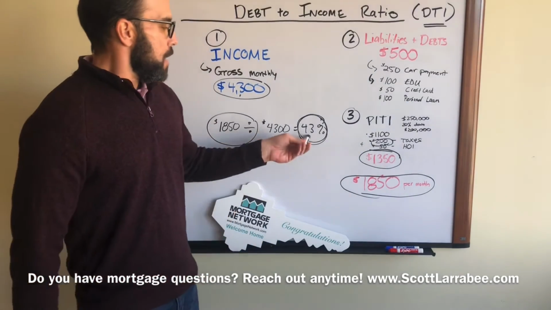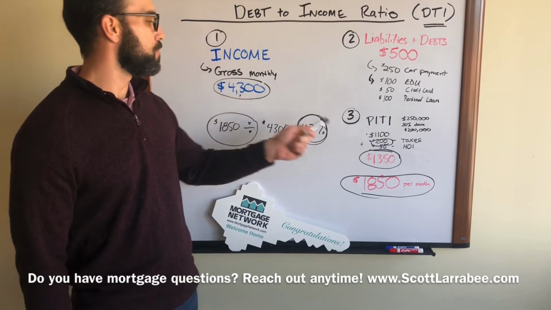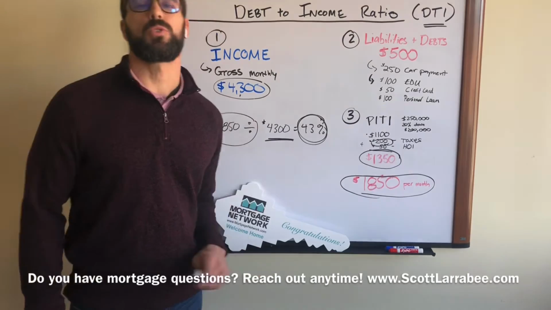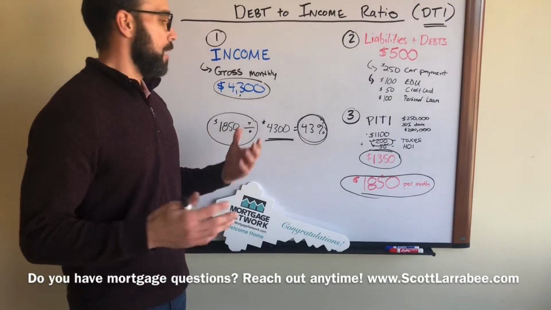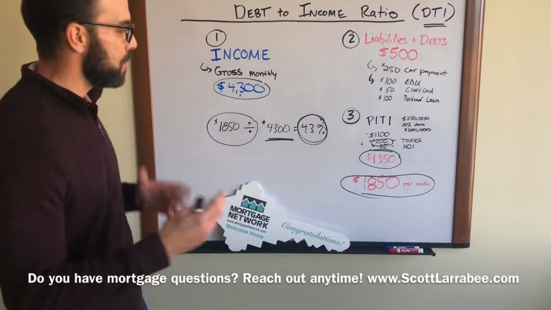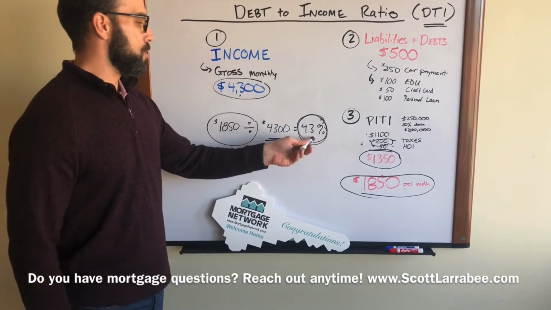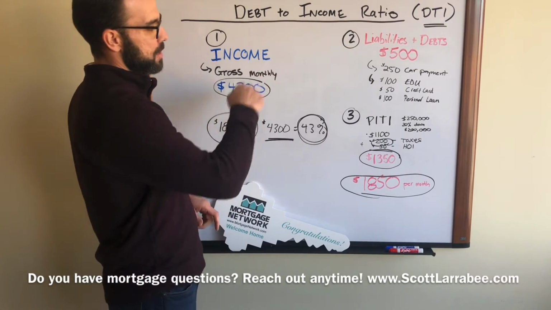So this number can be affected by income, by homeowners insurance, by the taxes, the principal and interest, the amount of the loan, the interest rate. There's a lot of factors that determine the debt to income ratio, but in the simplest of ways to determine it, this is how you do it.